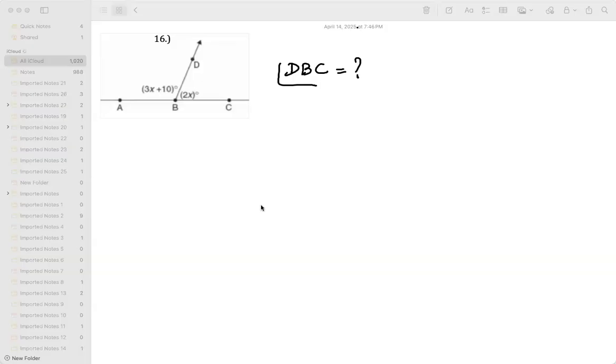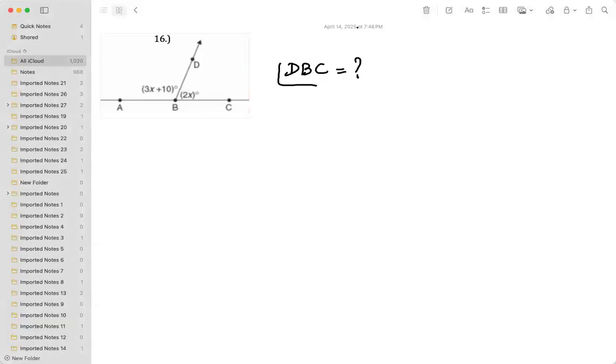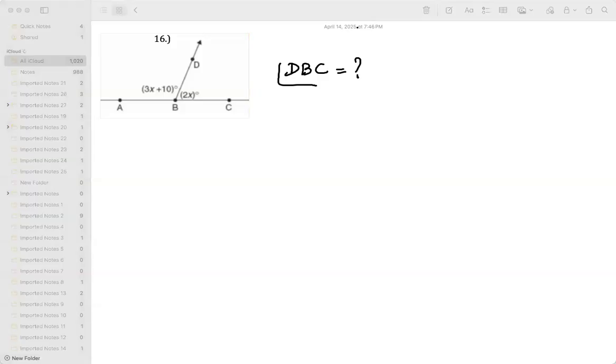Is my answer correct? Yeah, I got a different answer. Let me quickly check. Yeah, I got a different answer, Vihan. Do you want to show it on the board how you did it?